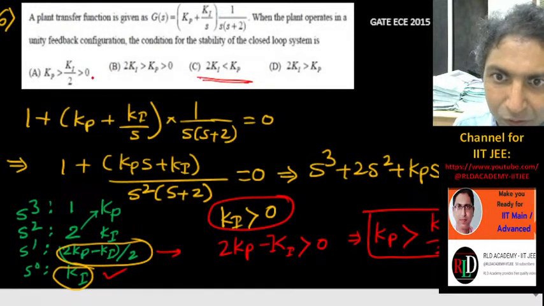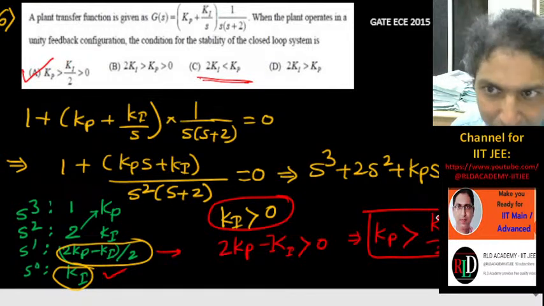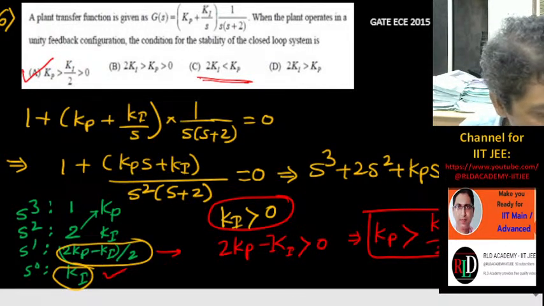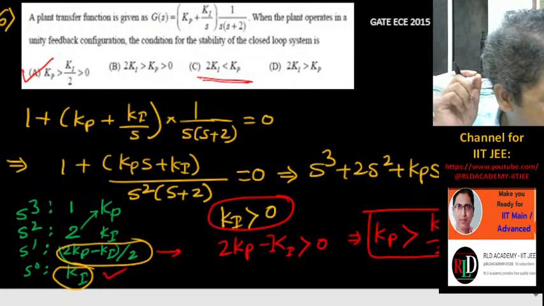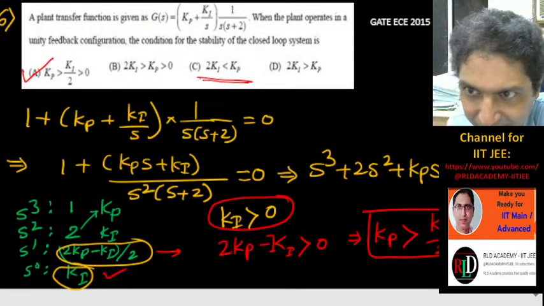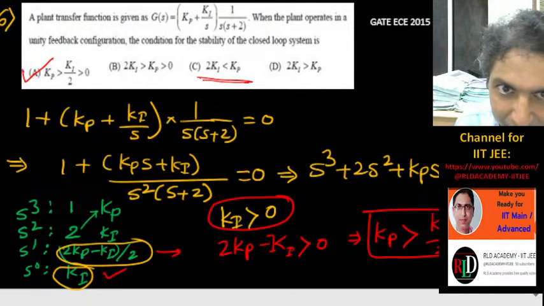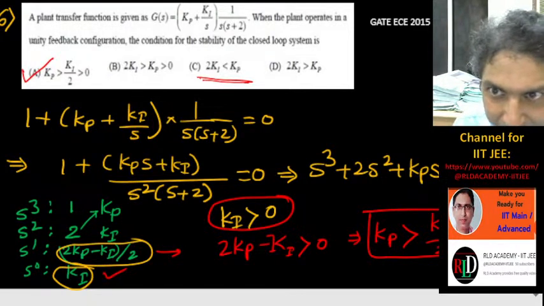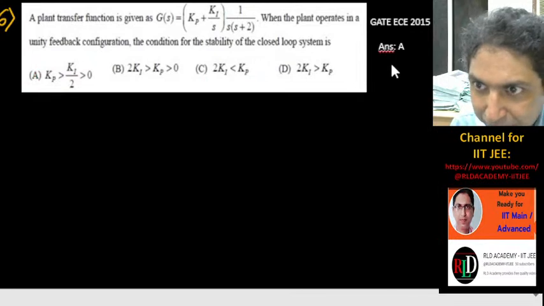Okay, so thus answer A will be the perfect one. Is it fine to everybody? Yes, good. So I think you have got it. This is perfect. Now just quickly, so this answer is A.